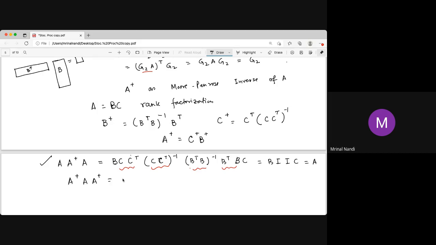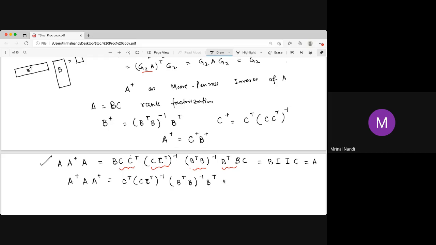So what is this? A plus is C plus B plus. C plus is C transpose (C C transpose) inverse. Then we have to take B plus, which is (B transpose B) whole inverse B transpose. So we take B plus A plus.